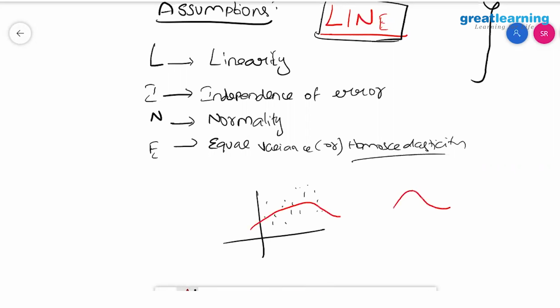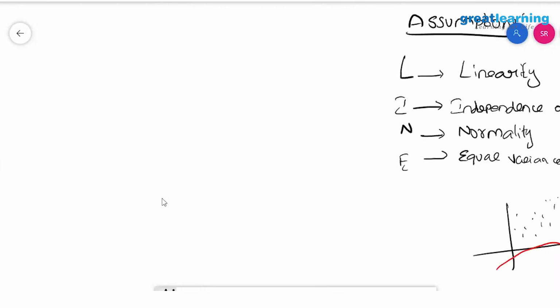They should never have a pattern. So this linearity may take you into further confusion, so let me make it very simple. The relationship between the variables is linear.